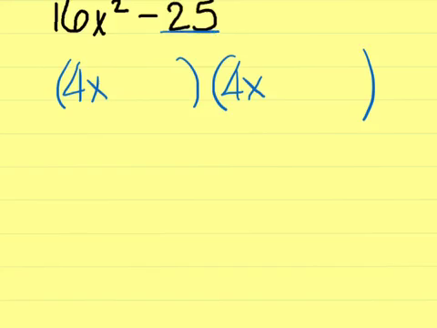What's the square root of 25? 5. And then what do I put in next? Plus and a minus. 4x plus 5, 4x minus 5.